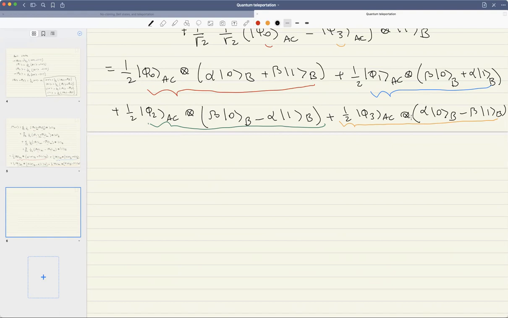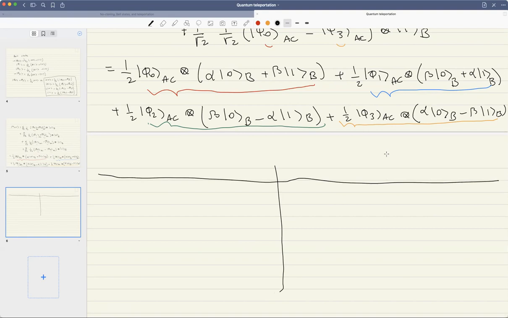But then the wave function should collapse in a way that after the measurement, anything that would give some finite probability of finding a different Bell state than what she already found is not there. So how do we do that? Well, let's make a table here.